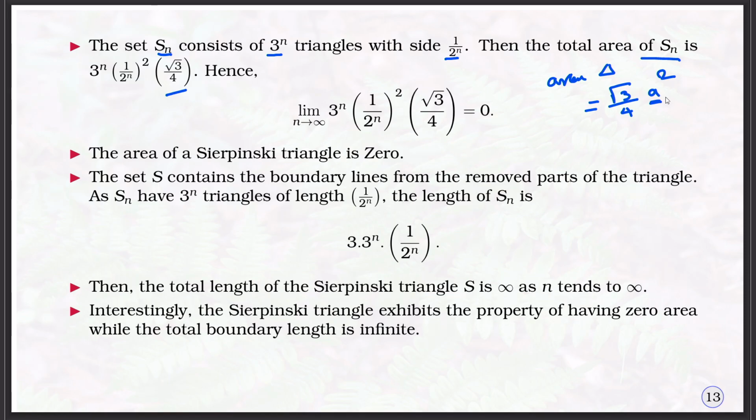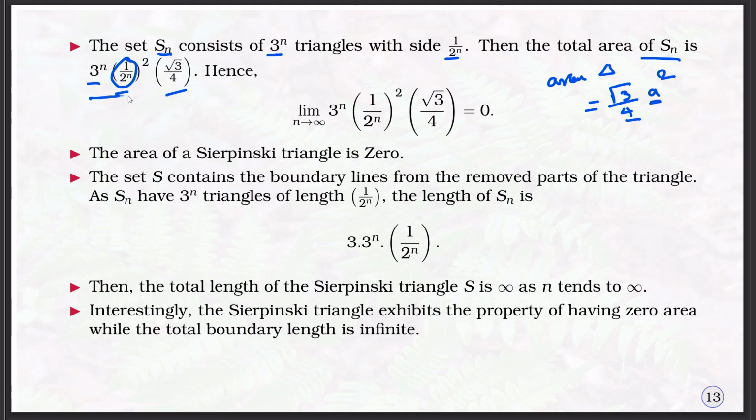The side length in each iteration is 1/2 power n, and we have 3 power n triangles, so the area is 3 power n times root 3 by 4 times (1/2 power n) squared.